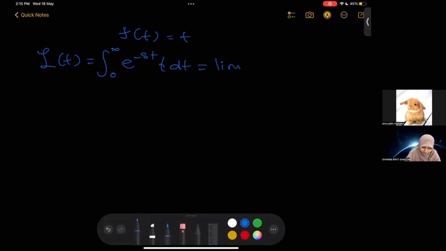As usual, it is the same as just now; we just replace the function with t.